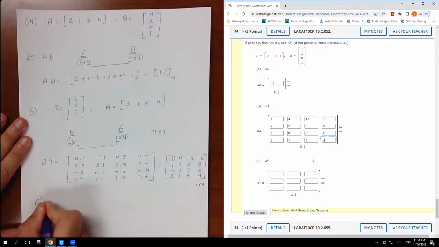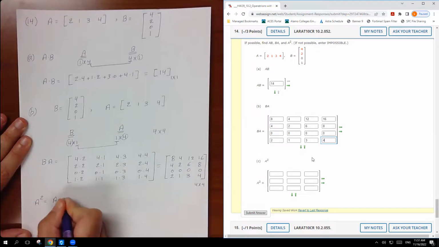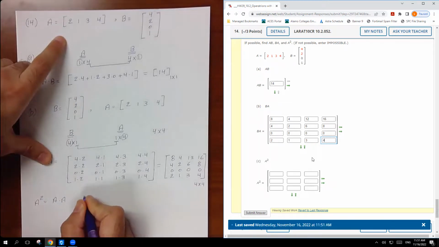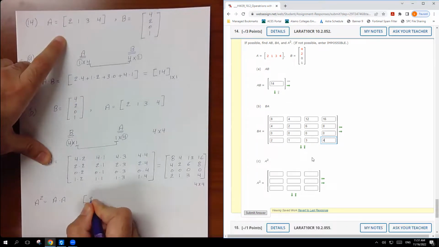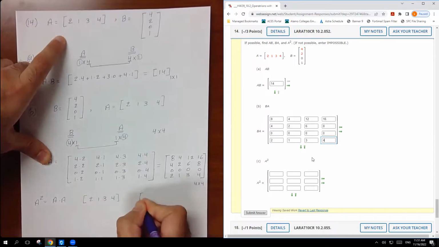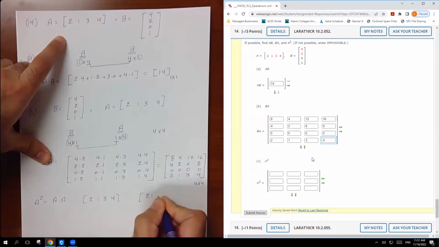A squared, which means A times A. So the matrix A is 2, 1, 3, 4 times the same matrix 2, 1, 3, 4.